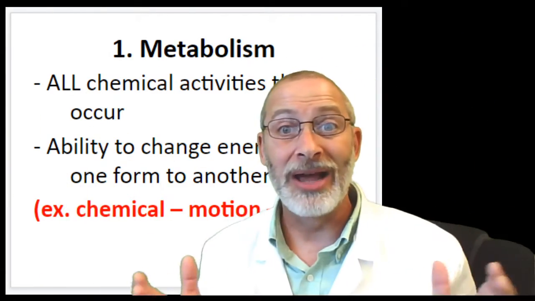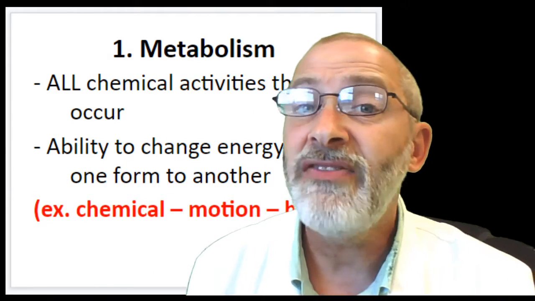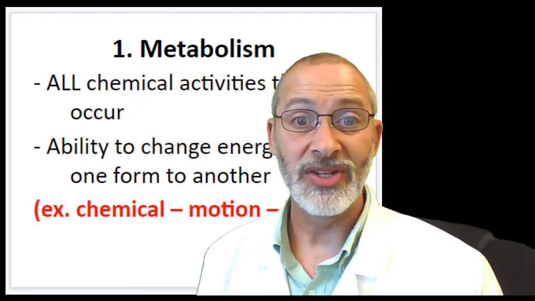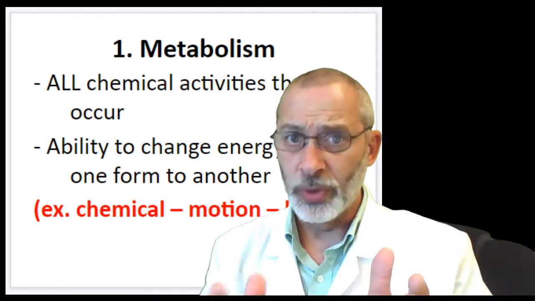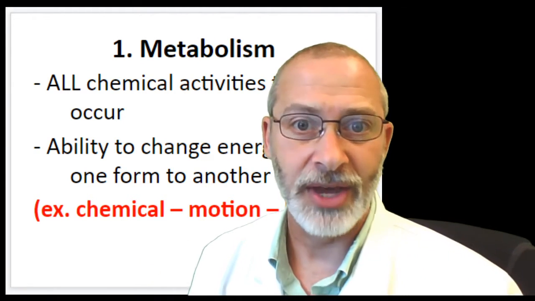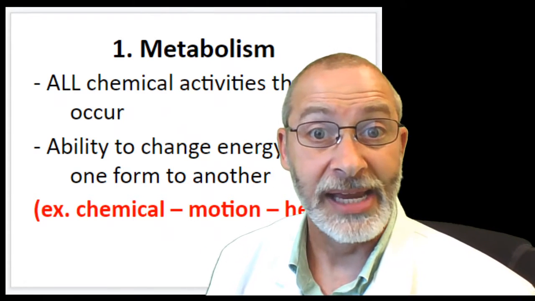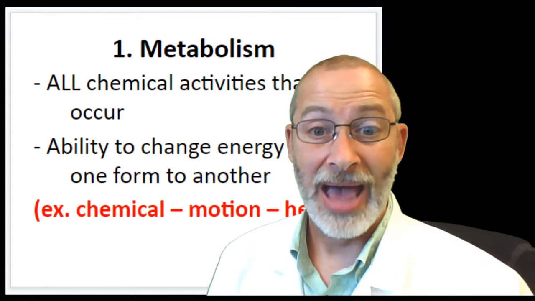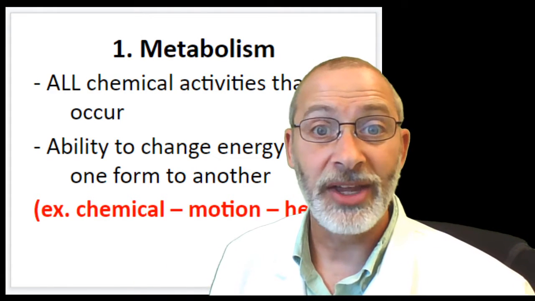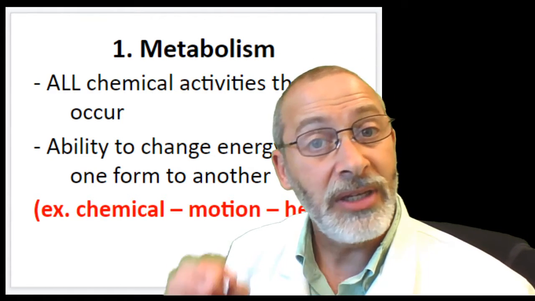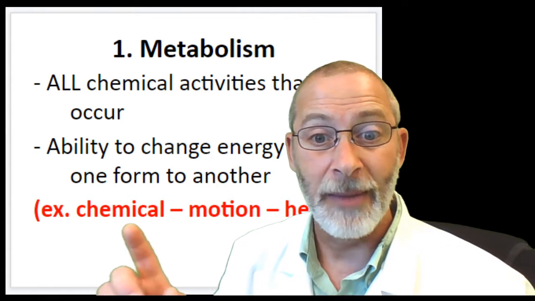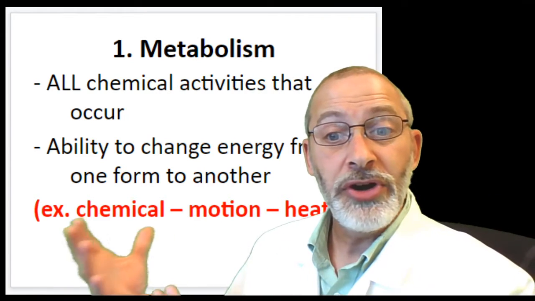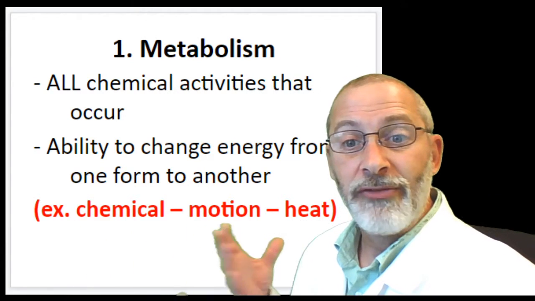Not dancing around necessarily, but there's a lot of activity going on inside every cell. And we're going to talk about some of those things today and tomorrow. And they're all called metabolism. Metabolism involves, on a cellular level, the ability of individual cells to take the chemical energy that we ingest and convert it into energy of motion.